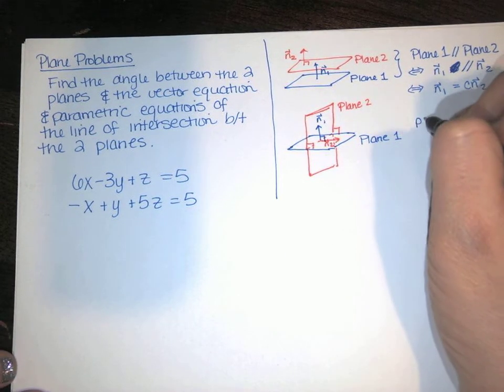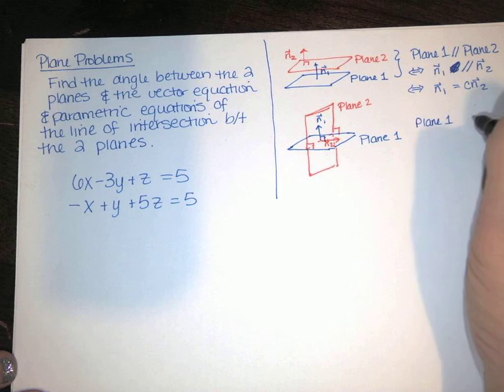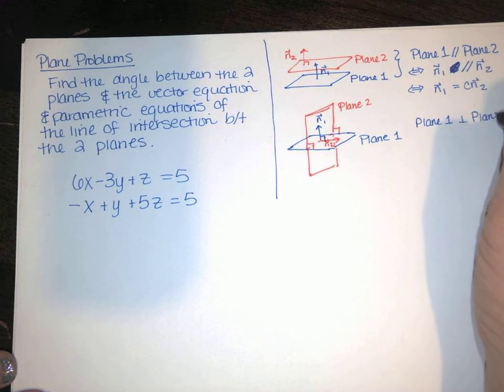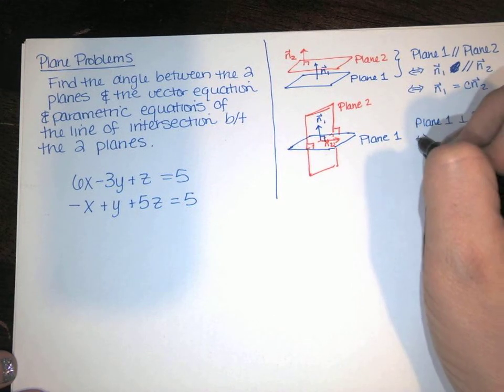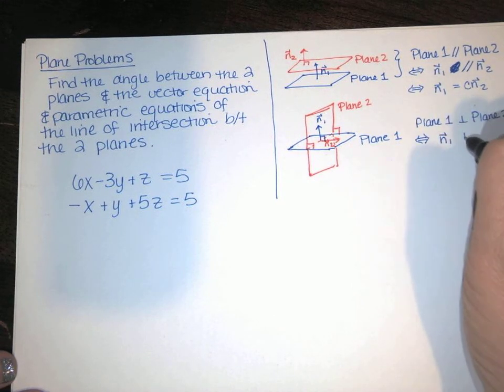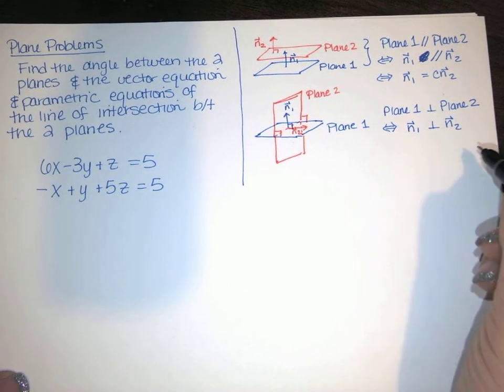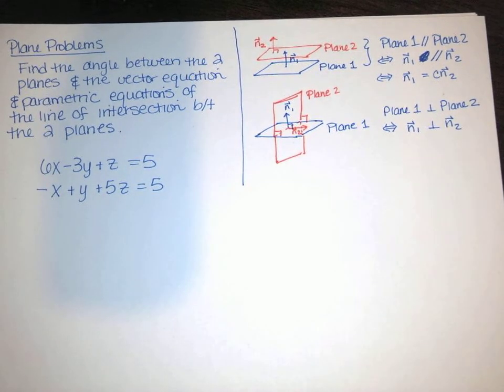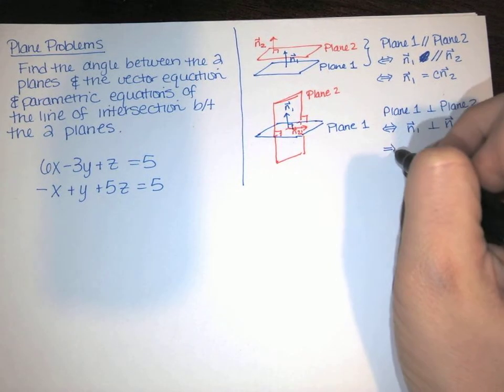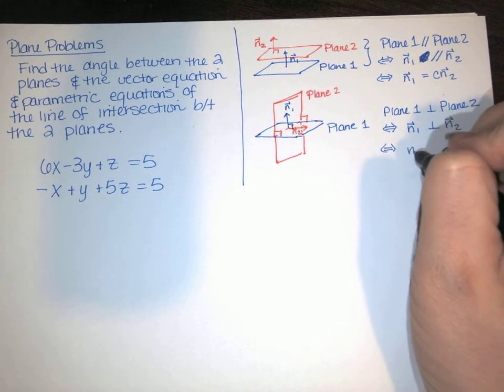So plane 1 and plane 2 are perpendicular if and only if their normals are perpendicular or orthogonal. And remember how we can determine using vector operations whether two vectors are orthogonal. The only way they're orthogonal is if their dot product is 0.